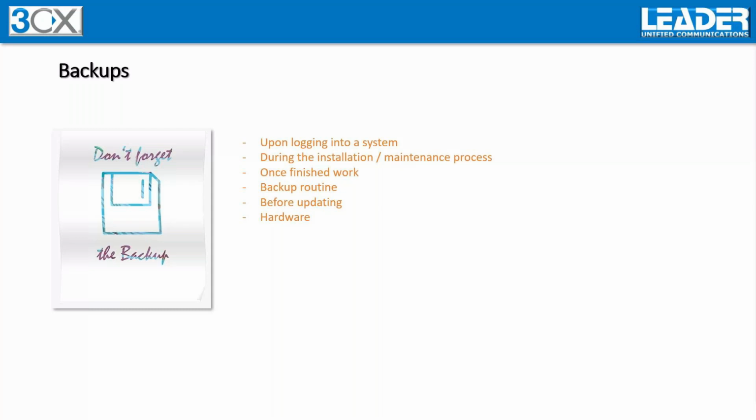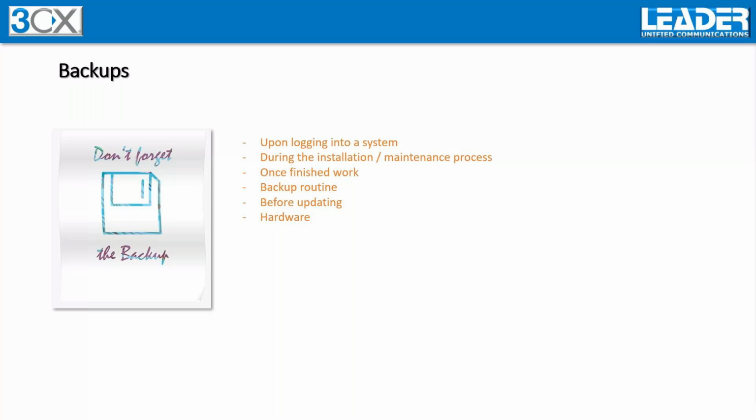When you do longer work on a system, you do backups during your work. Imagine you have to do multiple changes on a system and at some point you realize you messed something up. If you don't have an initial backup, you can't even properly go back to the system where you started.